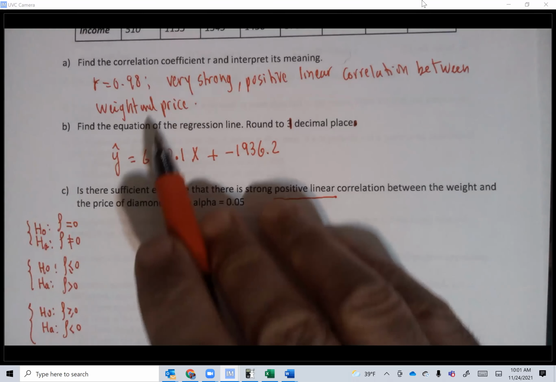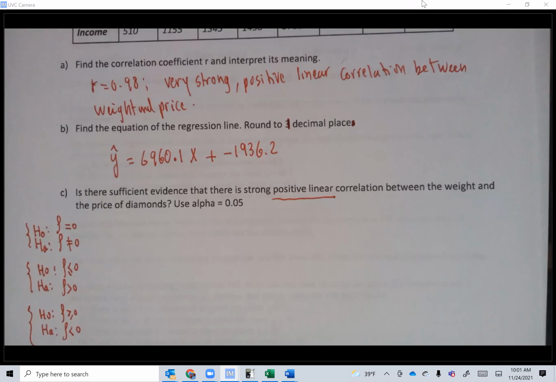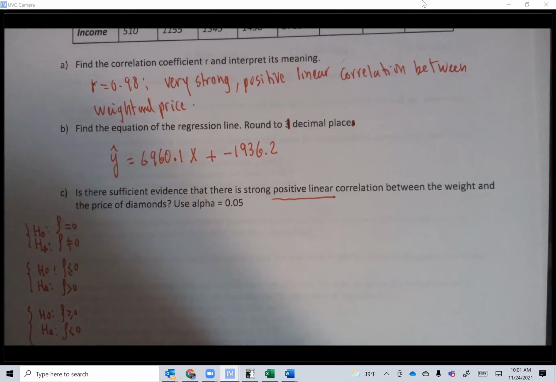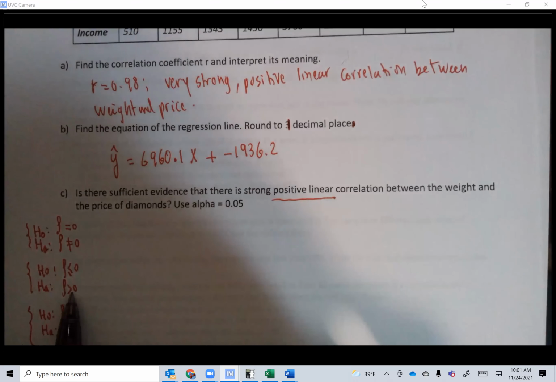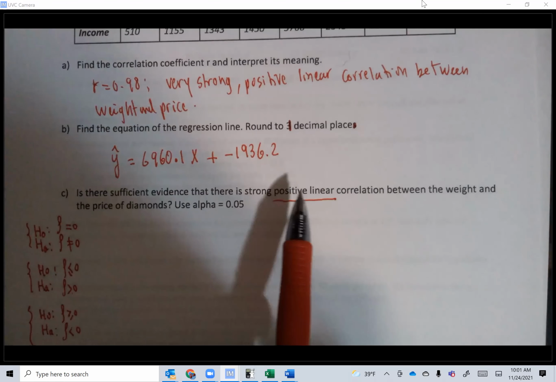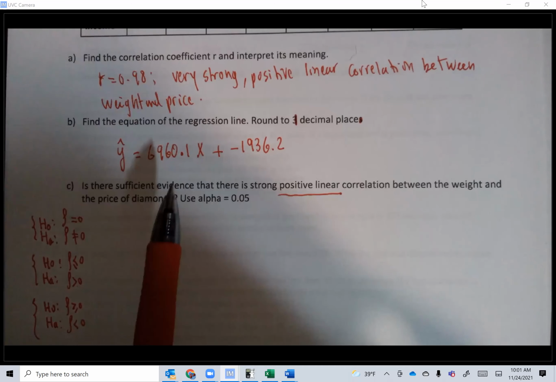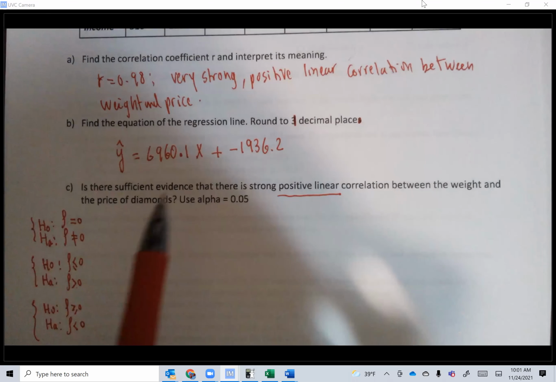R is the sample correlation coefficient. Rho is the population correlation coefficient. If he asks you to test for positive correlation, it will be this, greater than 0. If he asks you to test for negative correlation, it will be this one. If he asks you to test for correlation, he doesn't say positive or negative, it will be that one.